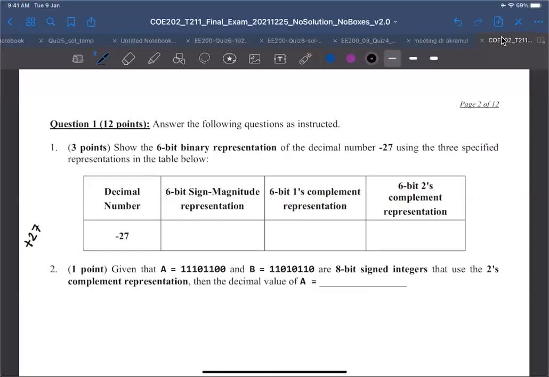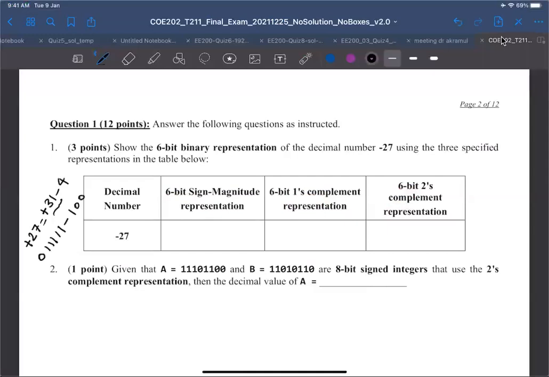Plus 27 is nothing but plus 31 minus 4. 31 is 0 for the sign followed by 5 1's, and minus 4 is 1 0 0.